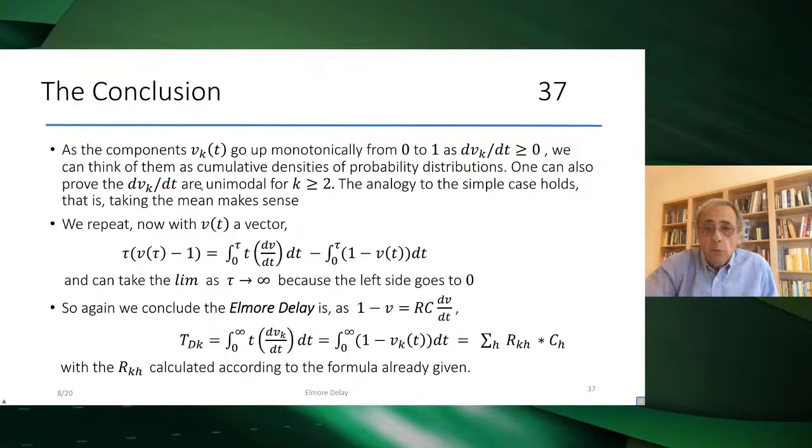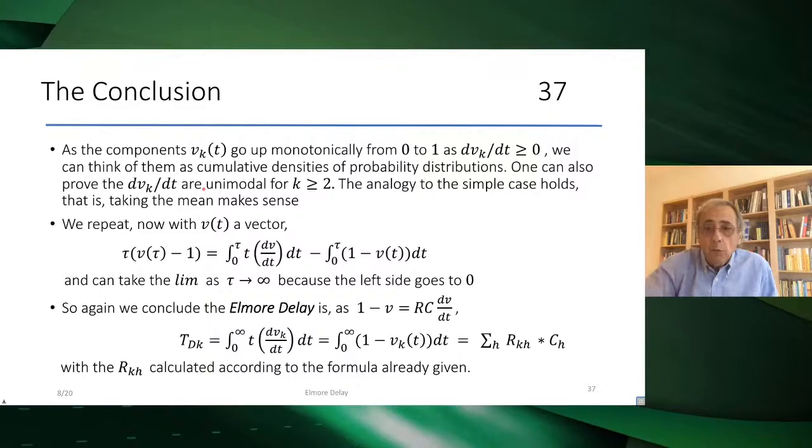I didn't do this, that's a more sophisticated argument. We can prove that actually these probability distributions are unimodal, meaning they rise, they get to a maximum, and they decrease. They start at 0 and they end at 0. They are positive and unimodal.